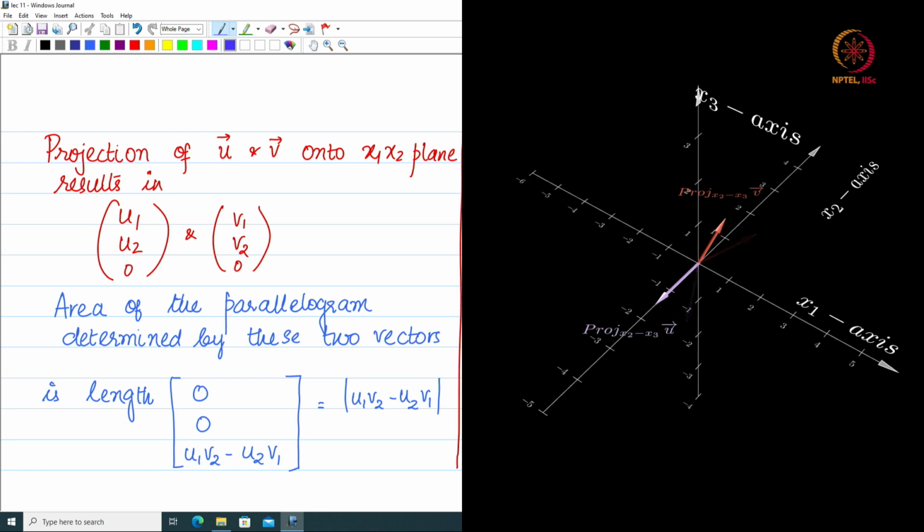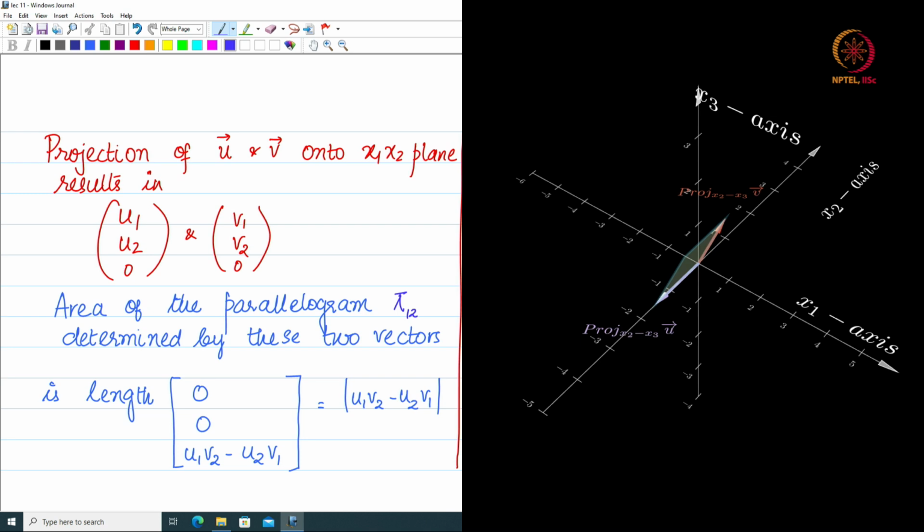This is what we are going to get, and let us call the area of this parallelogram pi 2 3. Let me call the previous parallelogram pi 1 2.